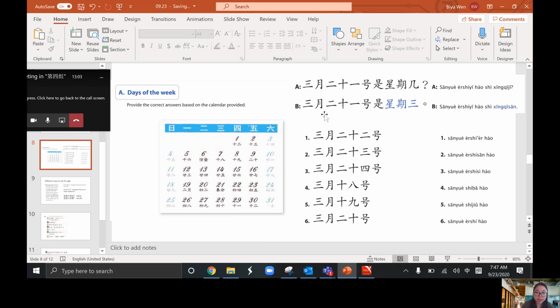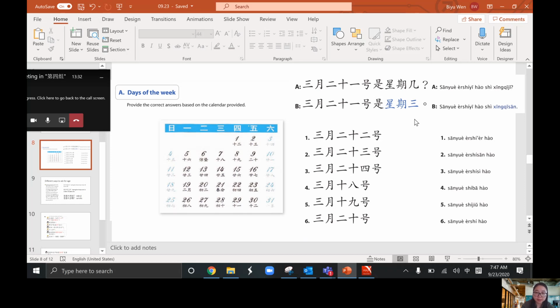The way we say it is: March 21st is what day of the week? 3月21号是星期几? And the way you answer it is 3月21号是星期三, it's Wednesday.